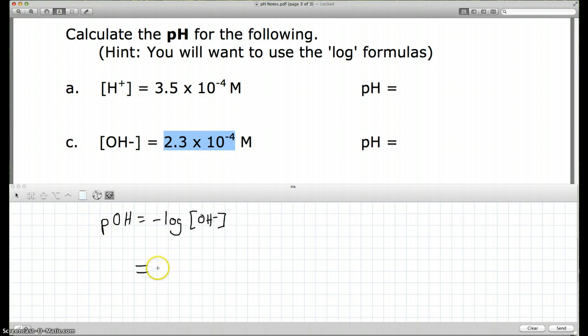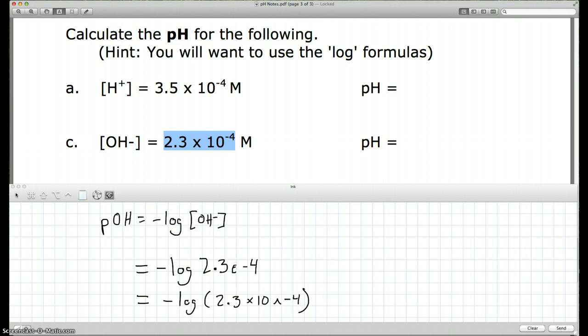So I'm going to type into my calculator negative log 2.3. I'm going to use the double E button, negative 4. If you didn't use the E button, it would look like this: negative log, and again, you probably want to do parentheses, 2.3 times 10, and then you use a little up arrow thing, negative 4.